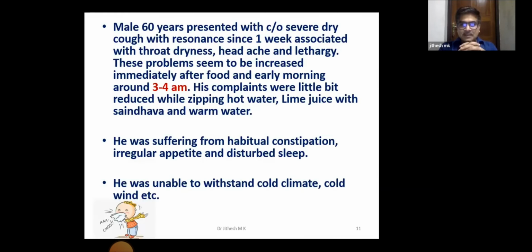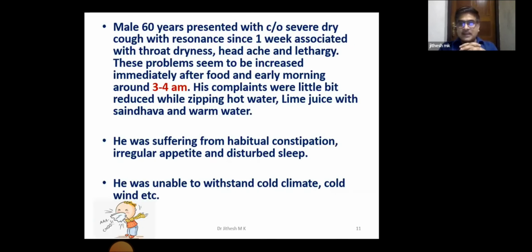When we ask a little more leading questions, he reveals a history of habitual constipation, irregular appetite, and disturbed sleep. Again, he has a severe inability to withstand cold climate, cold wind, etc. Whenever he is exposed to cold climate or cold wind, the problems get worse.